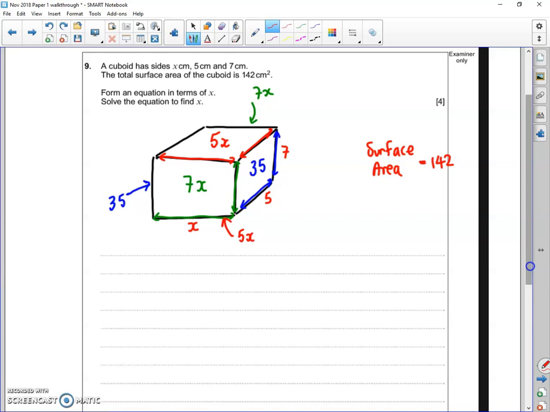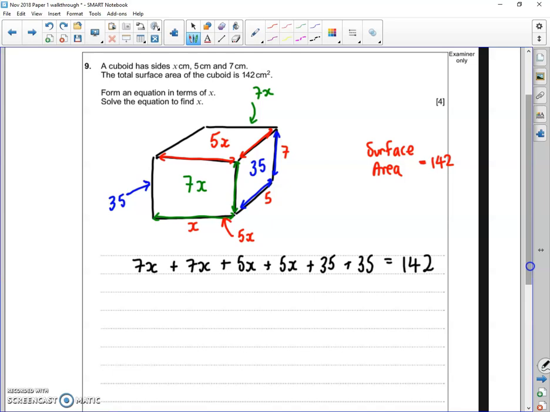And we know that the total surface area is 142. So we make an expression that says that when you add all of this up, you get 142. So we've got 7x and another 7x. We've got 5x for the top and 5x for the bottom. We've got 35 on the right side and another 35 on the left side. And we're told in the question that it equals 142. Okay? Well, all we've got to do now is tidy all of that up.